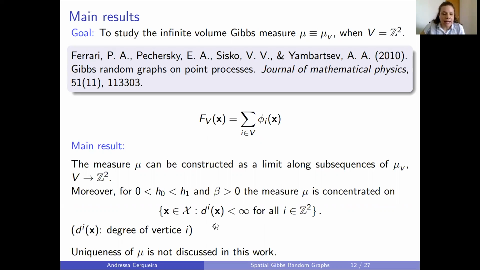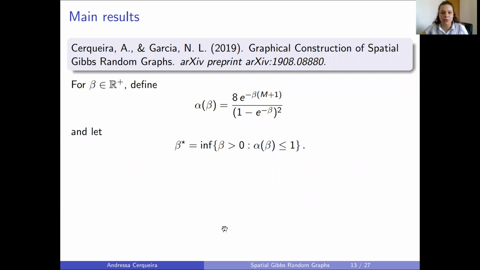So we can expect to have this measure concentrated on this set. Okay, but here they did not discuss anything about uniqueness of this measure, and this is our contribution, and a little more. So in this paper, first, we are going to define a function, alpha of beta. This function will only depend on beta and the lower bound m. So here is where I'm controlling the functions f that I'm going to use.